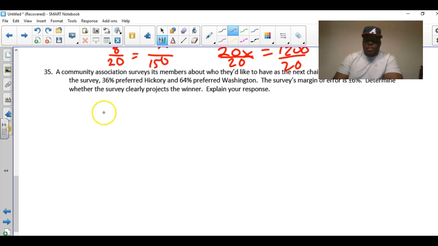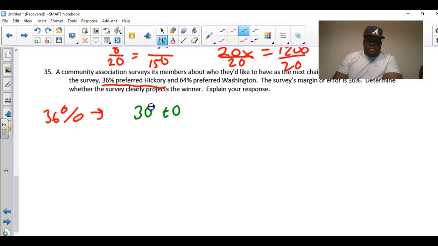First, we need to figure out the actual range of votes for each candidate. Hickory had 36% of the votes. Because the margin of error is plus or minus 6, subtracting 6 from 36 gives 30, and adding 6 gives 42%. So Hickory actually received 30 to 42% of the votes.